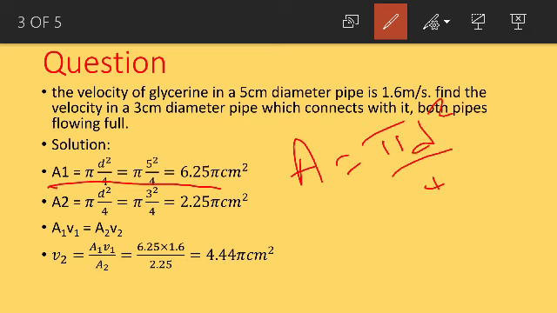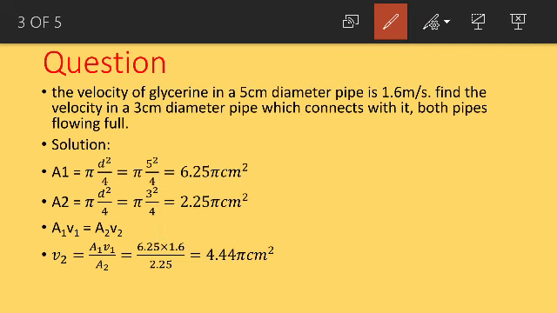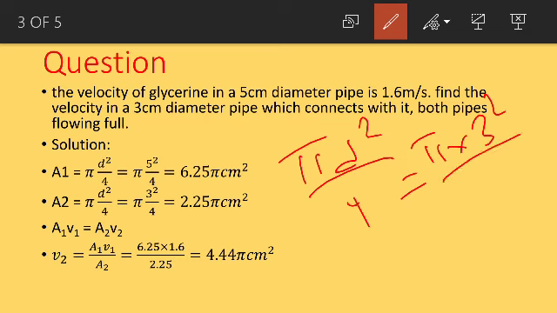So that means pi times d, which is 5 in the first case, 5 squared divided by 4, and that is how we got 6.25 pi centimeter squared. It's the same way for A2, the second area, which is pi d squared over 4, and that gives us pi times 3 squared over 4, and that's how we got 2.25 pi centimeter squared.